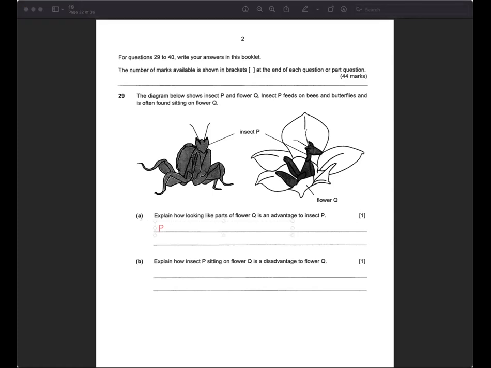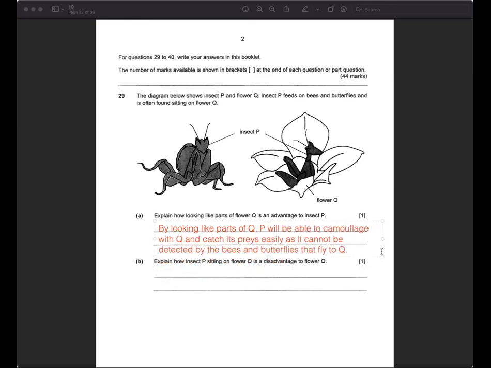So what you can say is that by looking like parts of Q, P will be able to camouflage with Q and catch its prey easily, as it cannot be detected by the bees and butterflies that fly to Q.